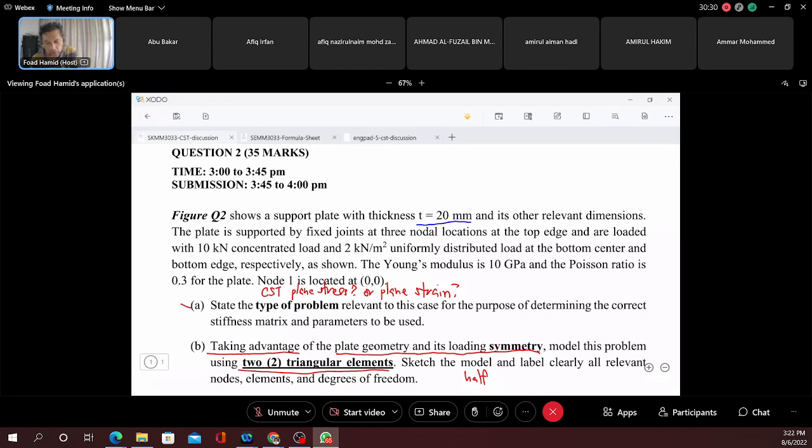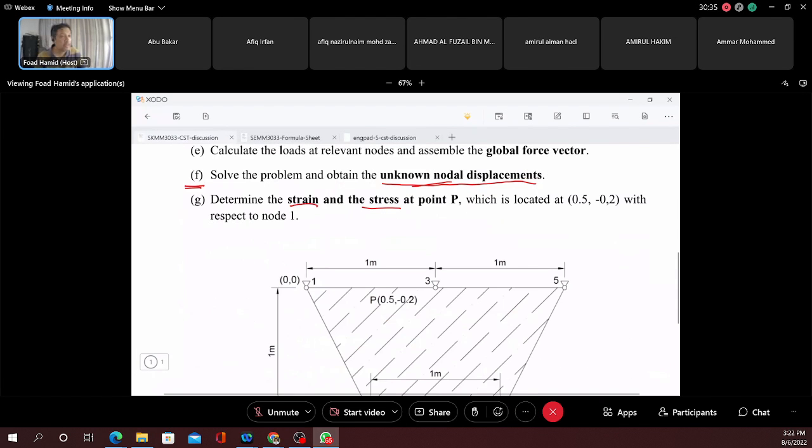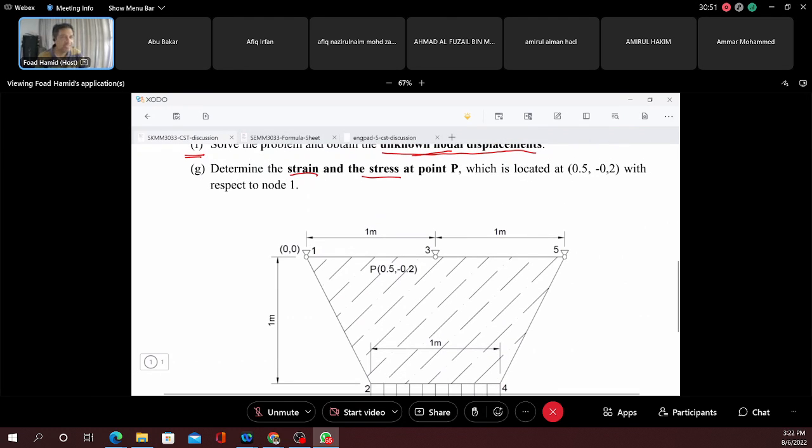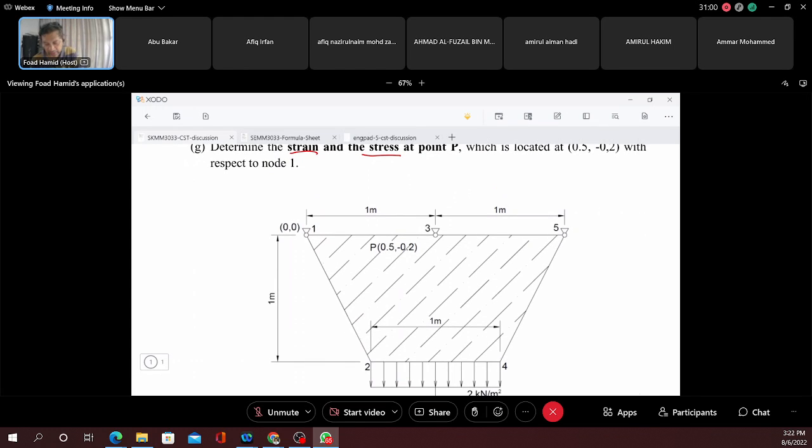If you look at this question, of course, you can do this straight away. But before that, let's split this into two CST triangular elements. We know that the easiest shape will be like this and this.